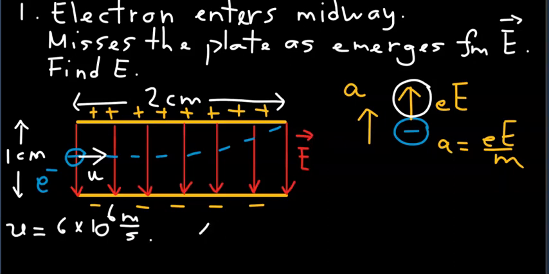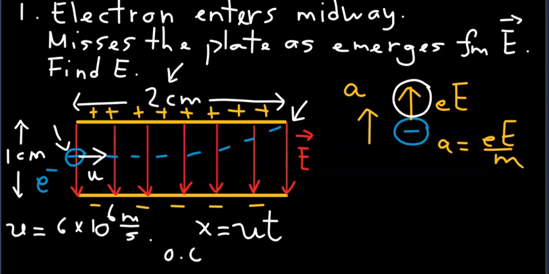The x-coordinate will vary in the following manner: x equals ut, where u is the initial x component of the electron's velocity. As the electron travels from this point until it gets out of the electric field, it would have traveled a horizontal distance of 2 centimeters.